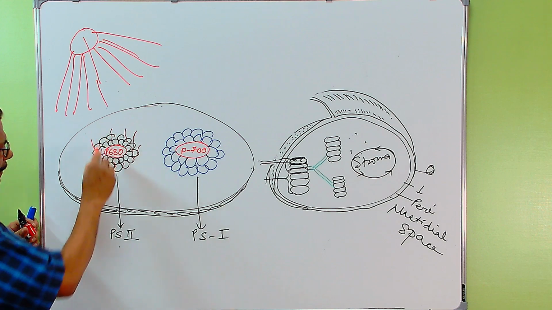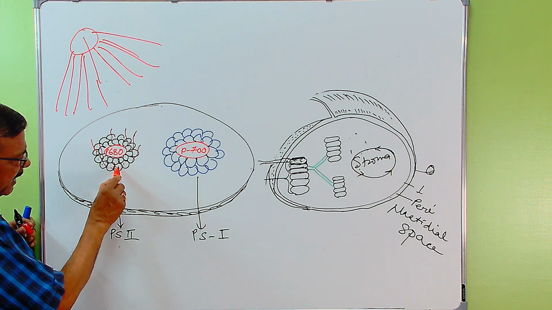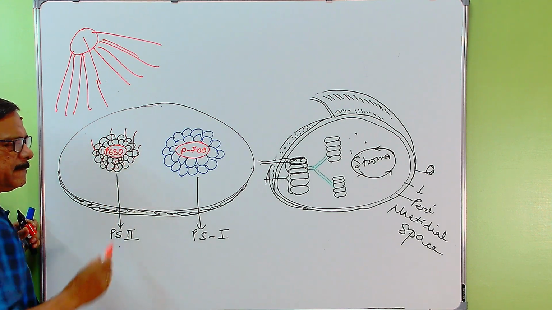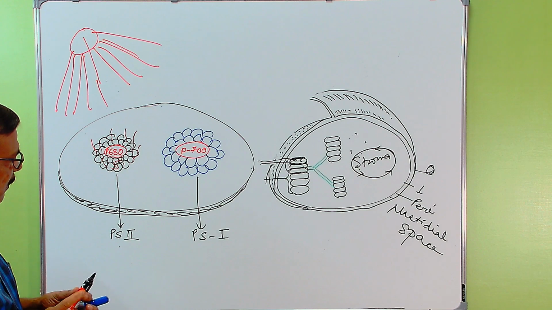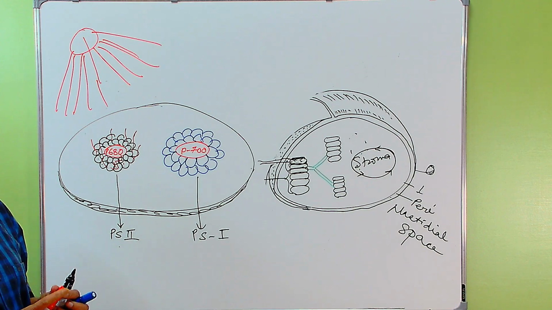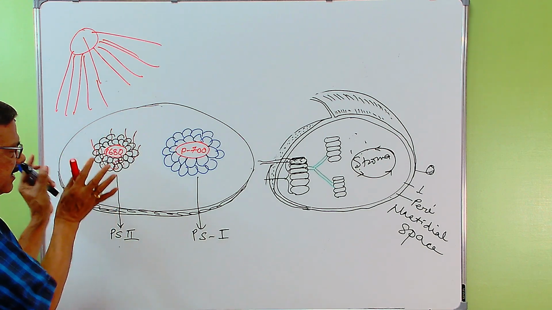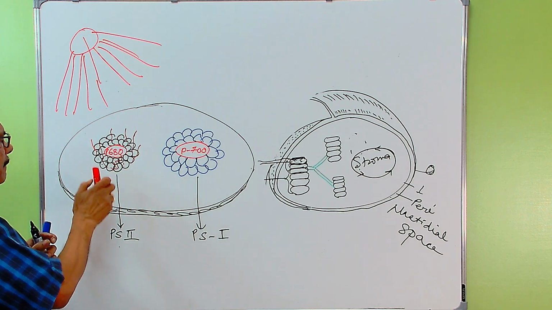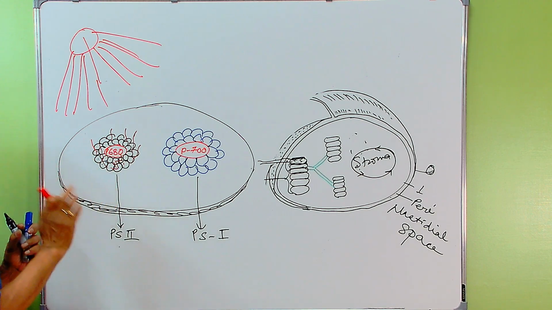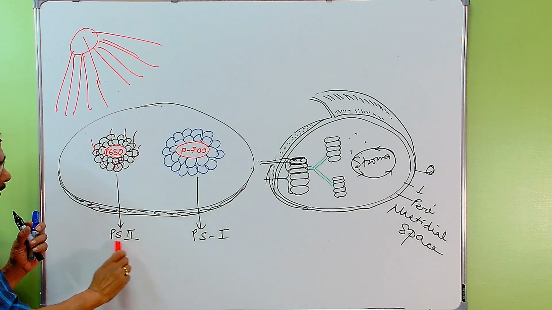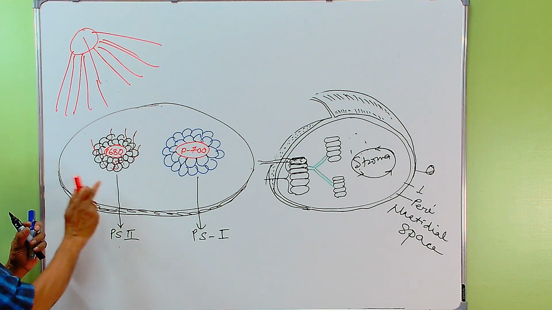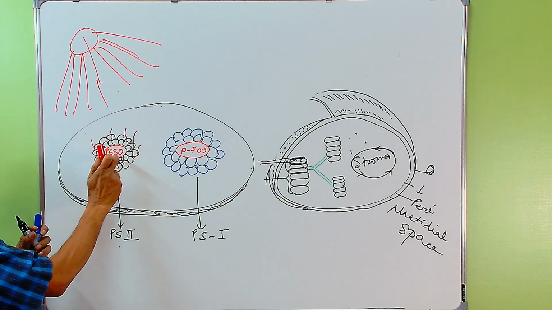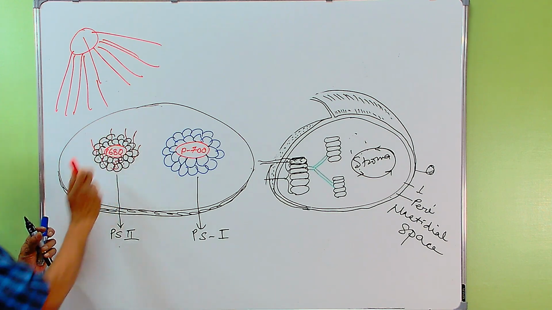So these photons are coming, and they are transferred from one molecule to another. They are accessory pigments. These accessory pigment molecules are called antenna molecules. There are several antennas receiving the photon at or below 680 nanometer, and these constitute PS2. They pass on this photon to the main center, that is the reaction center.